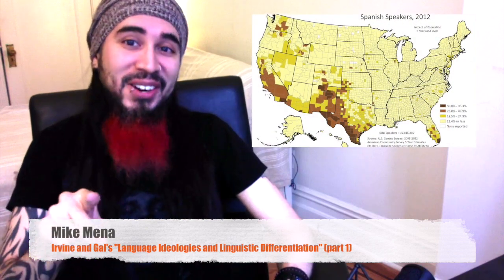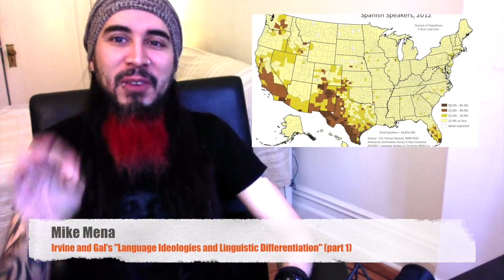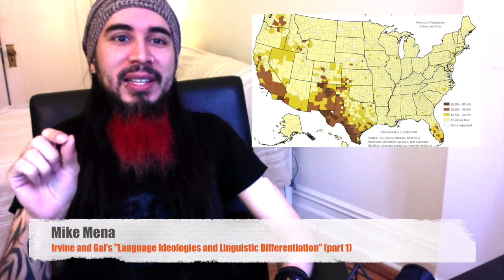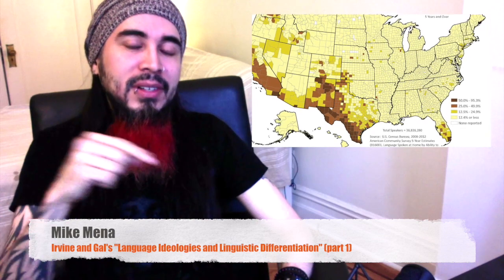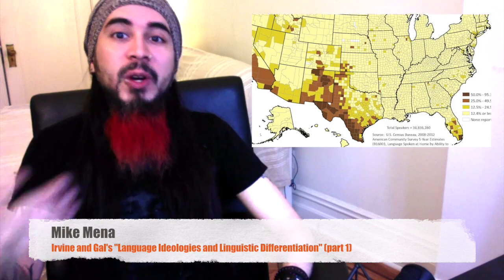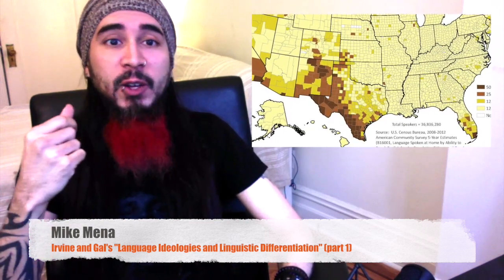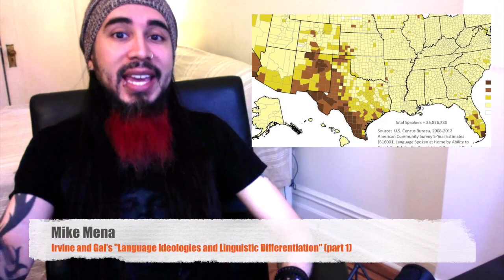Now it says here that between 50 to 95% speak Spanish down at the very, very tip of Texas. So I'm from here. I grew up here. And from this map, if you were to take these numbers on the high end, that suggests 95% Spanish speakers, you would think that you would need to know Spanish to function there.